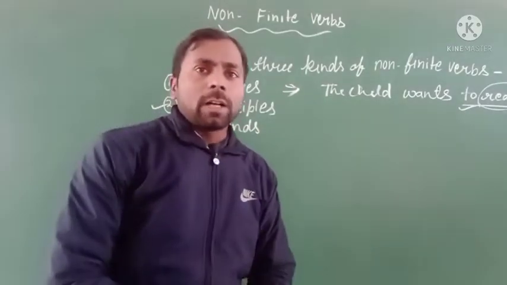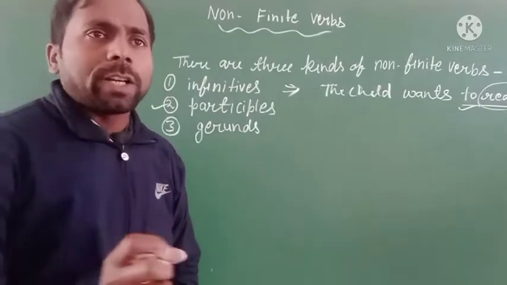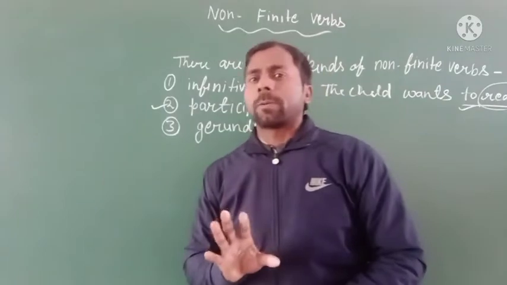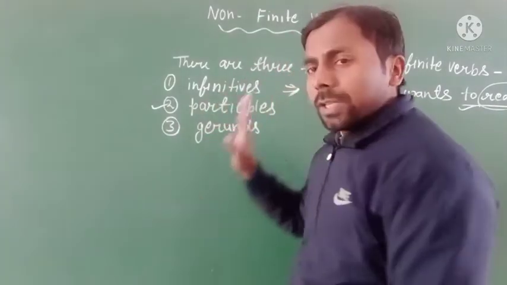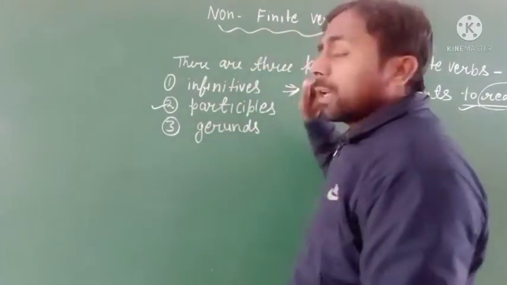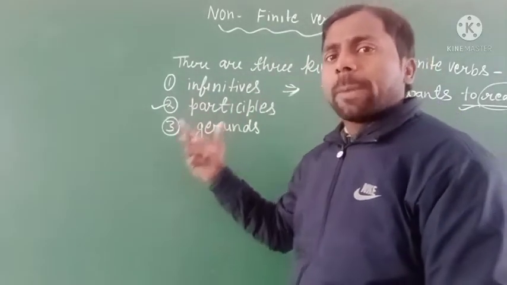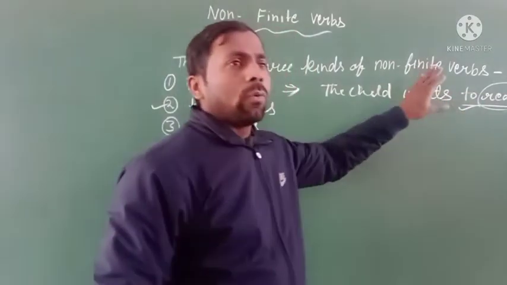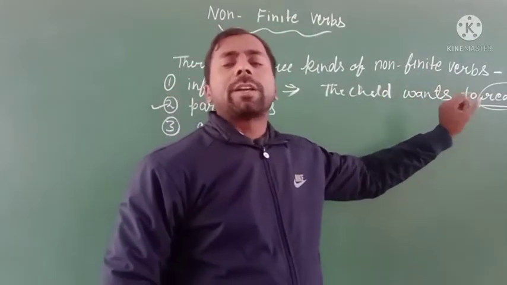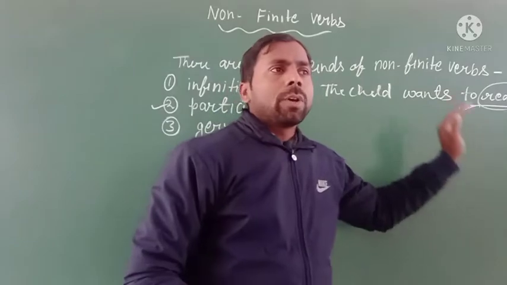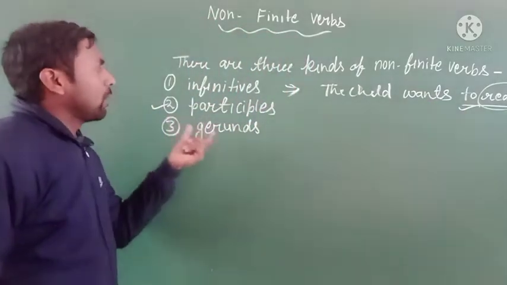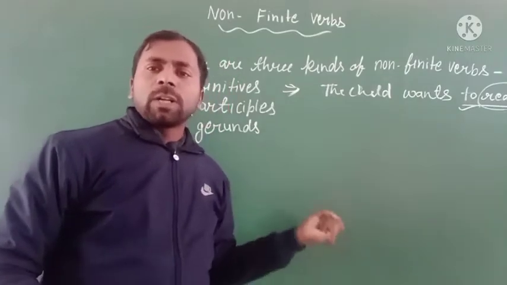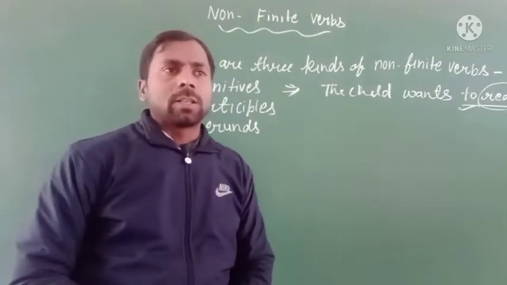We have to know what kind of participle is used in a sentence. It is also a verb. Infinitive is a verb, non-finite is a verb. We are talking about a verb, and you have to know how to identify the non-finite in a sentence, and how to use the participle verb in a sentence.